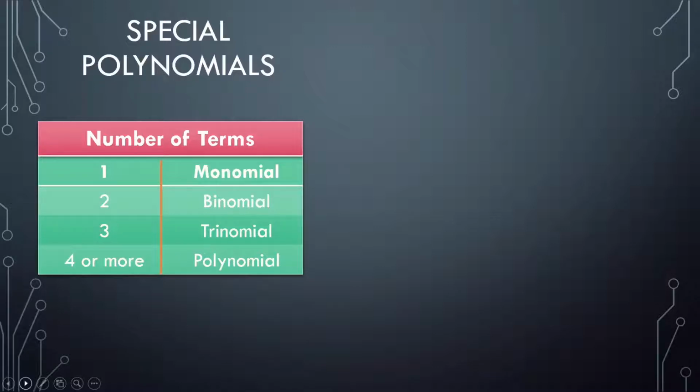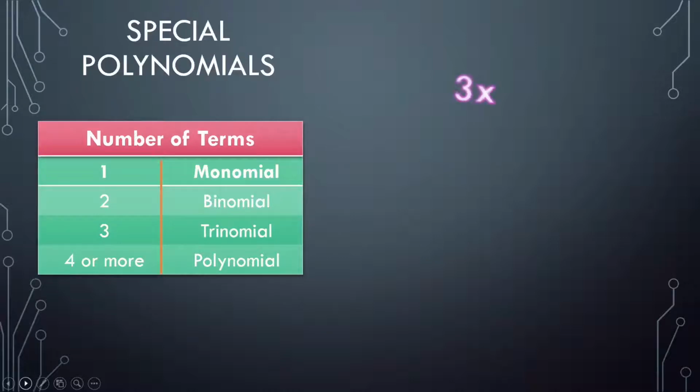A polynomial with 2 terms we call a binomial, because bi means 2. Then a polynomial with 3 terms we call a trinomial, because tri means 3. Then anything that has 4 or more, so if it's 4, 5, 6, 7, however many terms, 4 or more is just a polynomial.